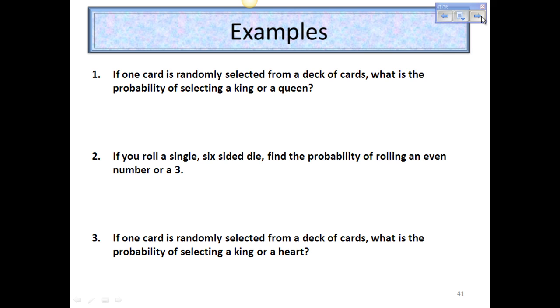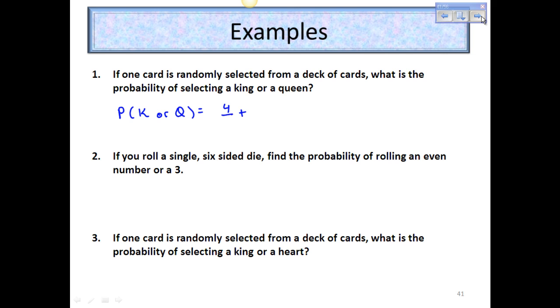Examples. If one card is randomly selected from a deck of cards, what is the probability of selecting a king or a queen? So, probability of king or queen. When you see that word or, just go ahead and put a plus sign in there because we know we're going to have to add something together. So, the probability of king is 4 over 52.